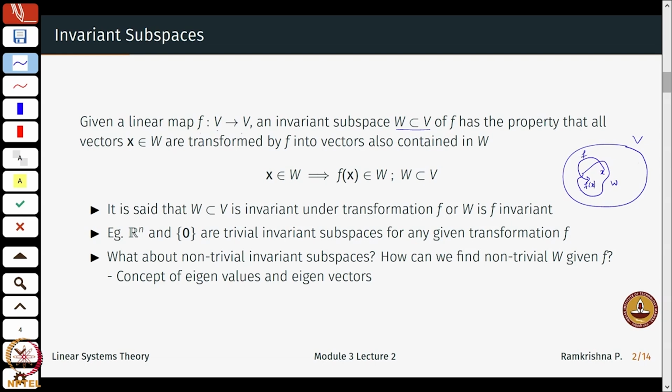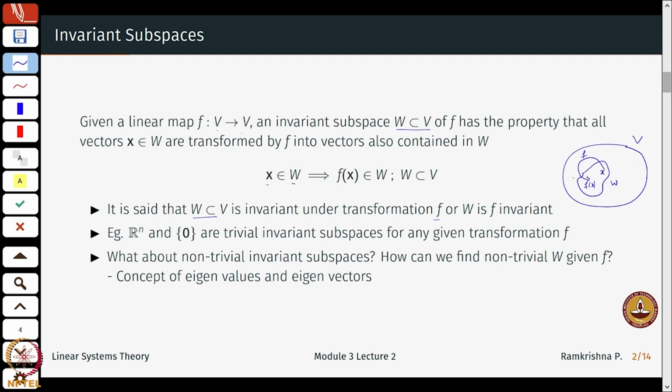same subspace. So, when this happens, that there is a V and W is a subspace of V, and I start with a vector x in W, then I have that f of x is also in W. Now, it is then said that W is invariant under the transformation F, or W is F invariant.